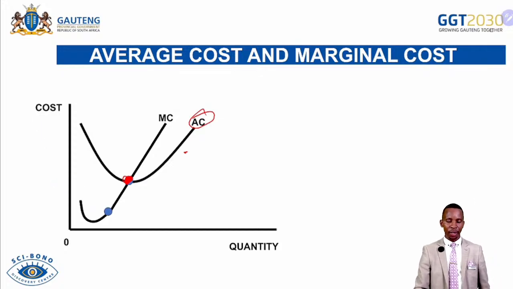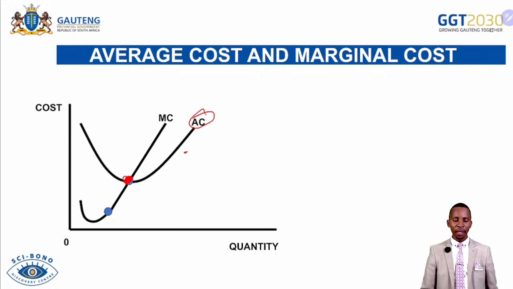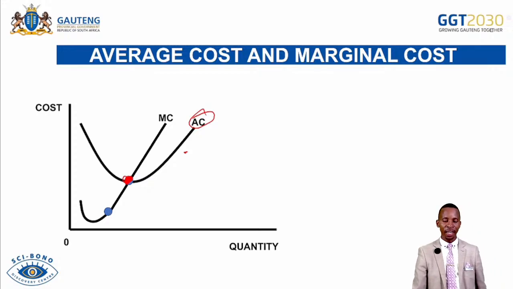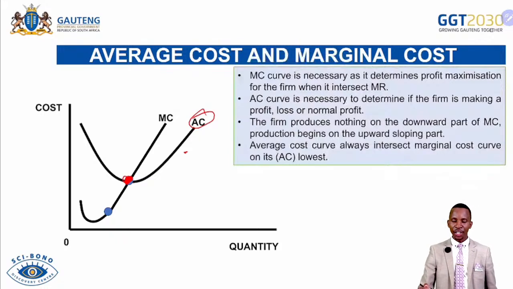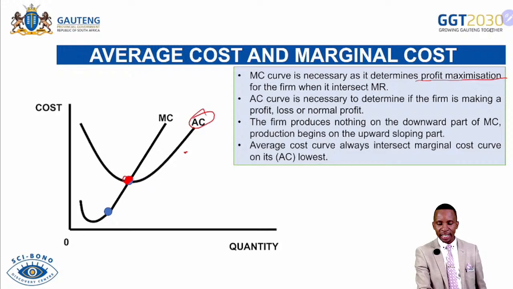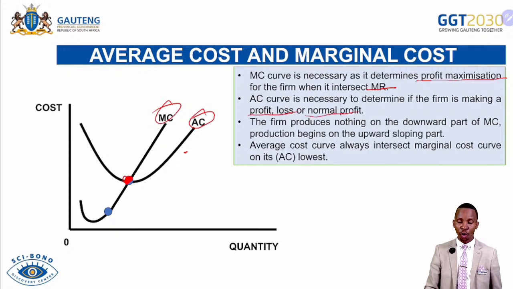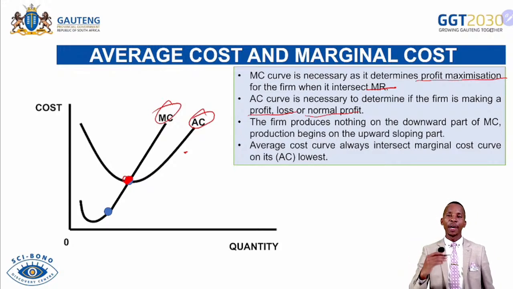There you see the point down there, which indicates the supply for the firm. The firm will always supply on the upward-sloping part of the MC, where supply begins. The MC curve is necessary as it determines the profit maximization point for the firm, where it intersects MR. So that is the importance of MC. And the AC curve is necessary because it assists us to determine if the firm is making an economic loss, profit, or normal profit, because it always turns based on revenues.